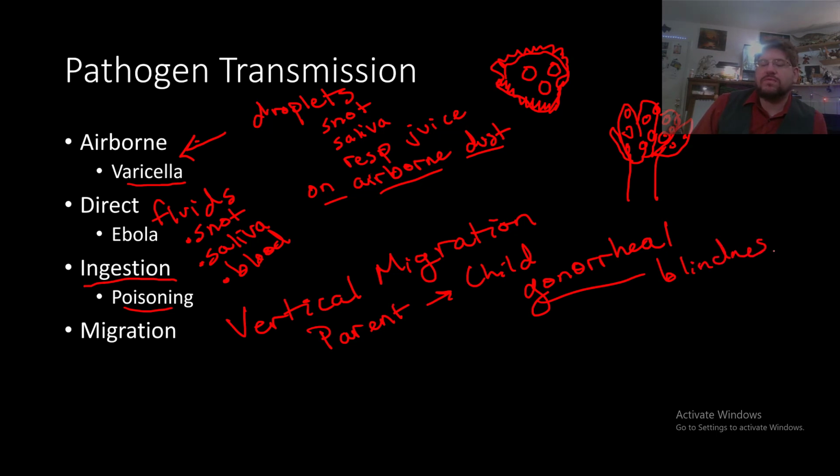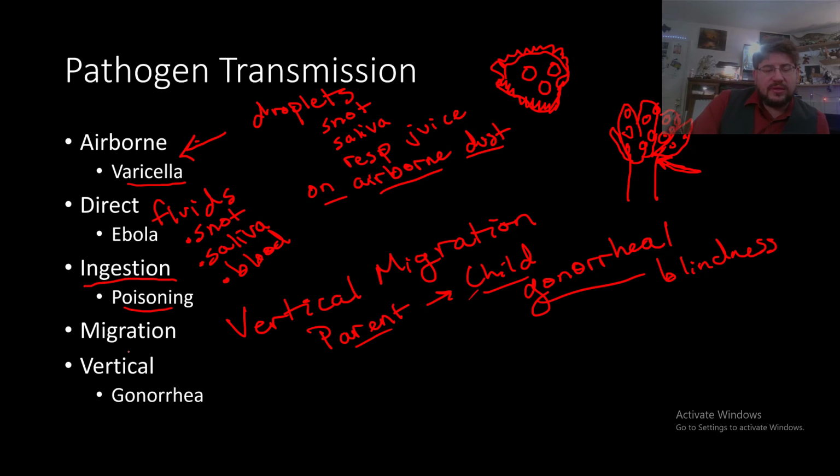So that is also vertical transmission from the parent to the child. It could be transmitting as part of the fetus. It might have managed to genetically transmit or get into the seed or the zygote or whatever, or you can transmit it during something like childbirth. But vertical migration, parent to child.